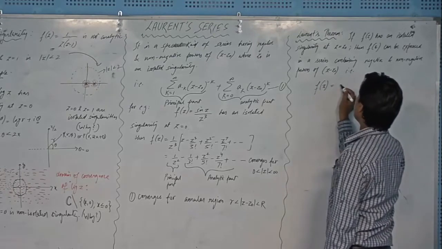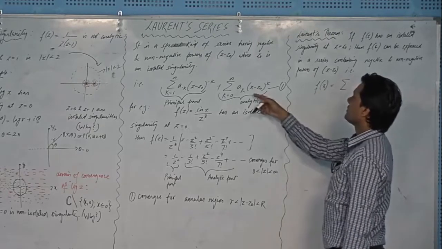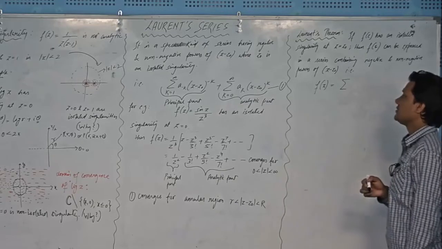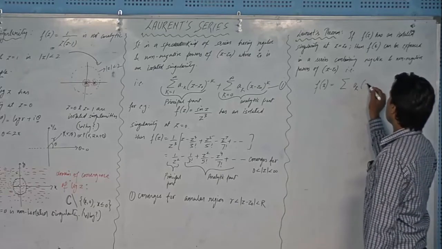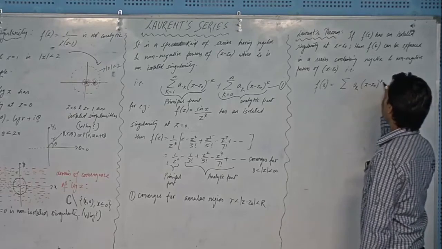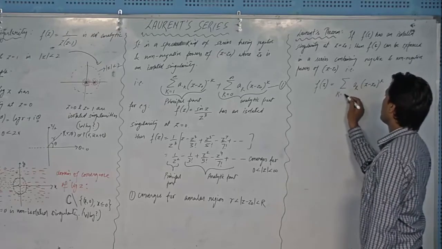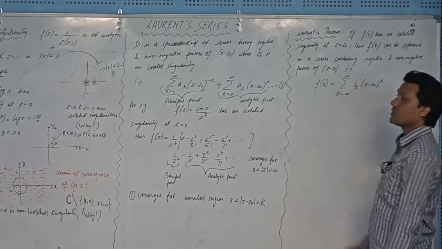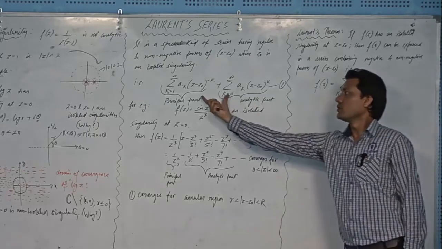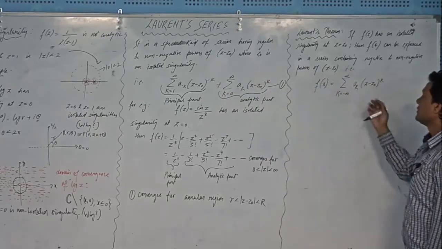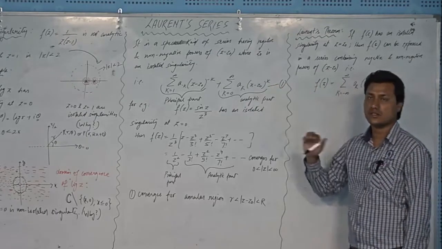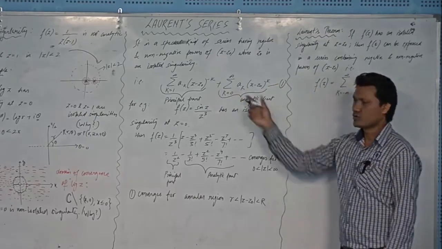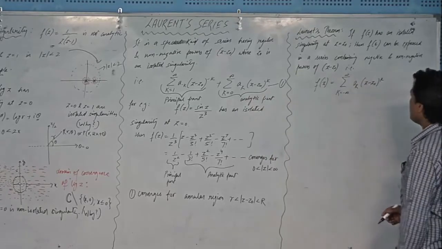The function f of z is expanded in this way, right? Or should we write them collectively? If I write here a k times z minus z naught to the power k, and I start from minus infinity to plus infinity, right? So on adding them, you can write it in this way, right? So this is a similar representation for this one. You can write a 1 also here, that is fine.